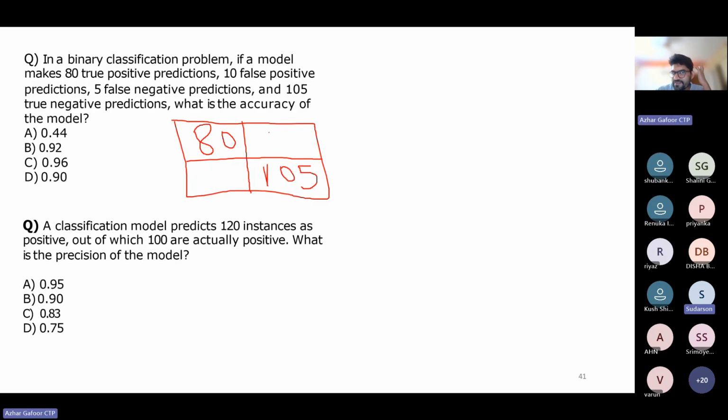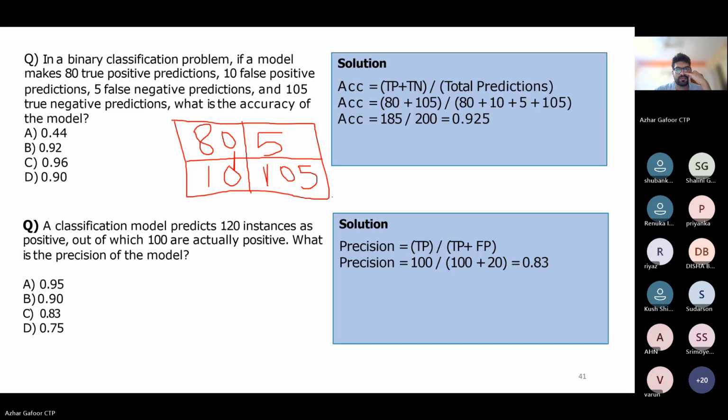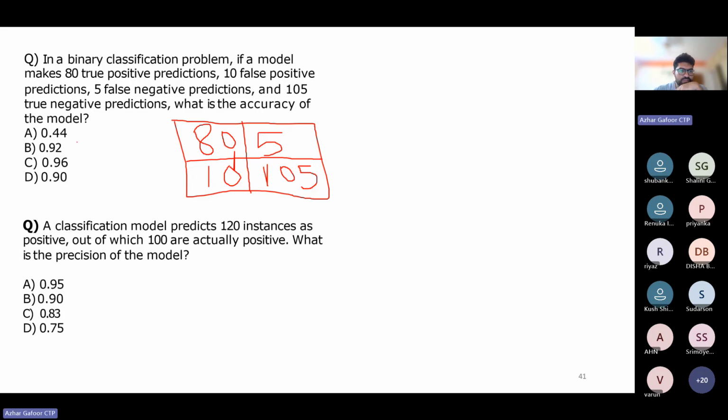This is 5, right? And here we have 10. So we have been asked the accuracy. Accuracy is nothing but 80 plus 105 divided by the total. So it will be 185 by 200.